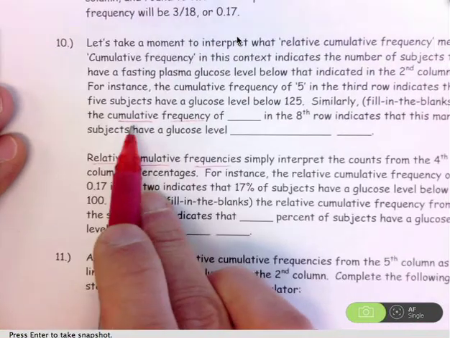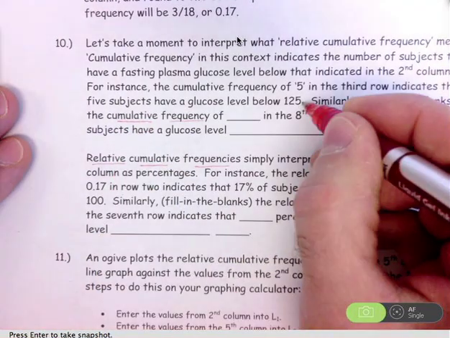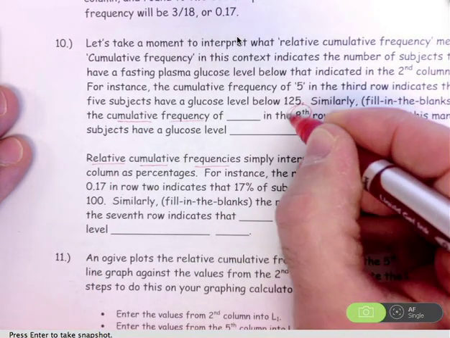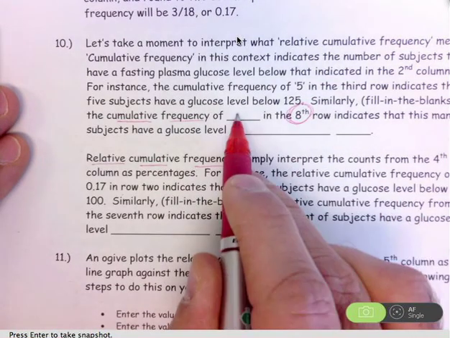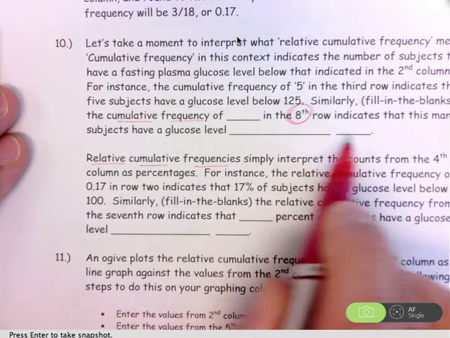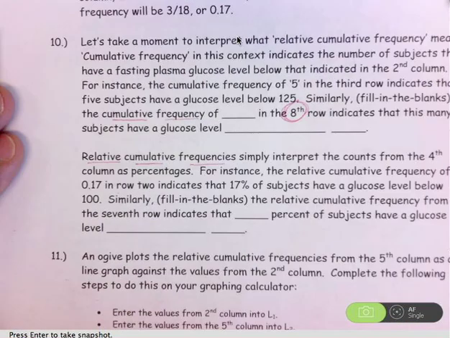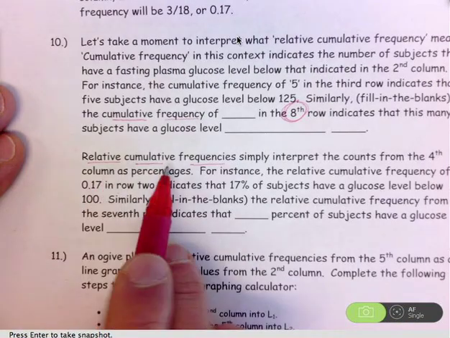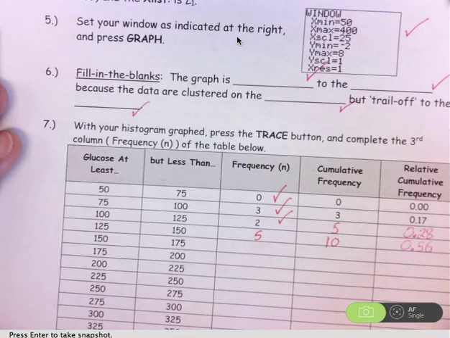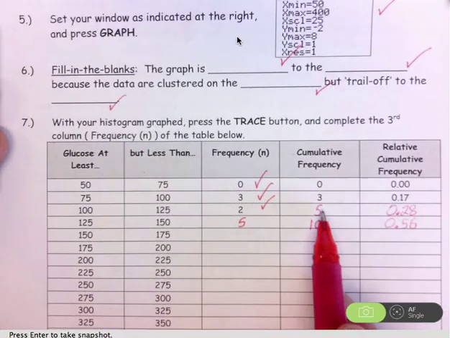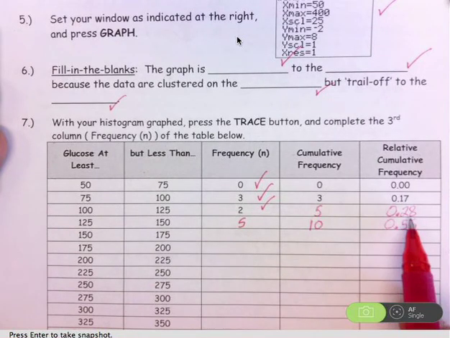So that's all we mean by the cumulative frequency. You should go back then and look at the 8th row and see if you can complete these values here. You have a cumulative frequency and you need to make sure that you know the comparison that you can make with that. For relative cumulative frequencies, all we're going to do is interpret the percentage rather than interpret the count. So let's go back and do that. Here, this 5 accounts for 28% of the subjects in our sample.